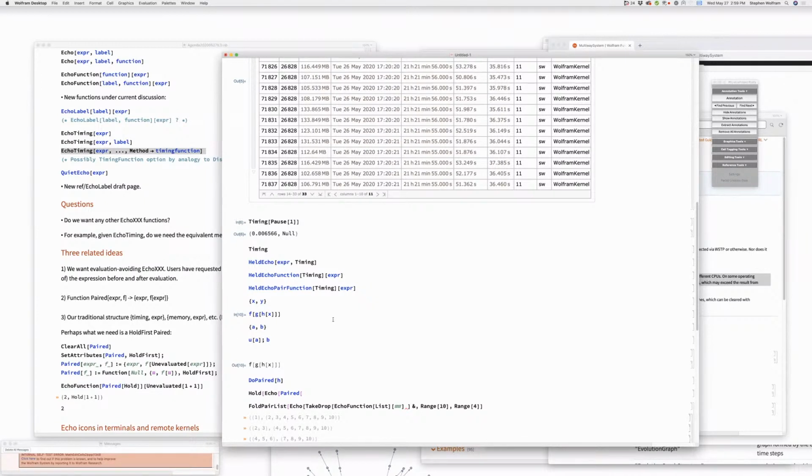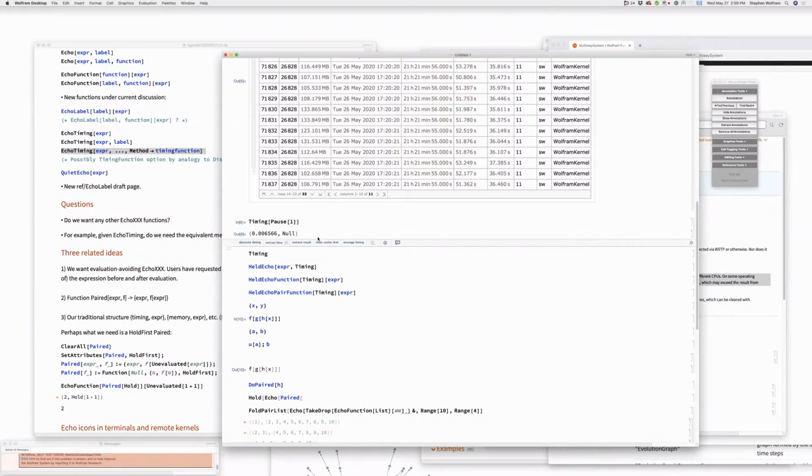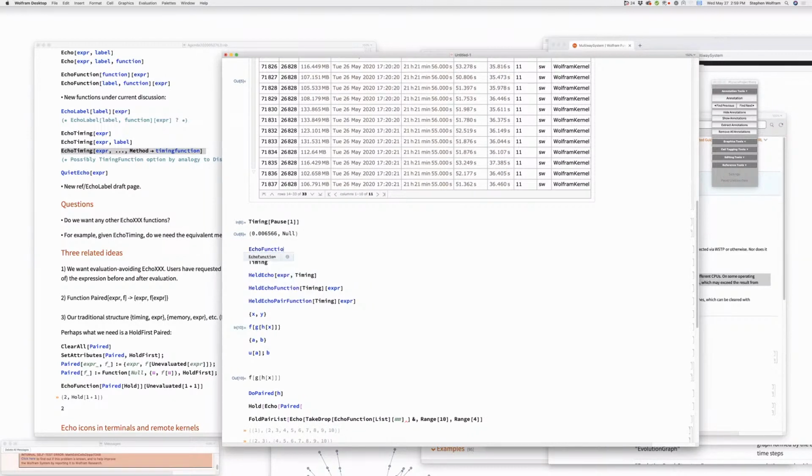But okay, so what you're proposing is that we say echo function of paired. Right, and there we put what we want to do. Wait a second. What are you doing with this? No, this doesn't work. Unevaluated of expression. Right. But even that, wait a second. So what this is then doing is taking paired.